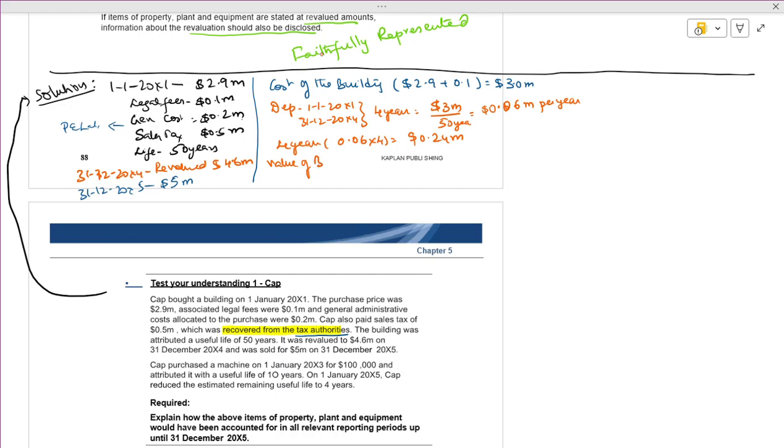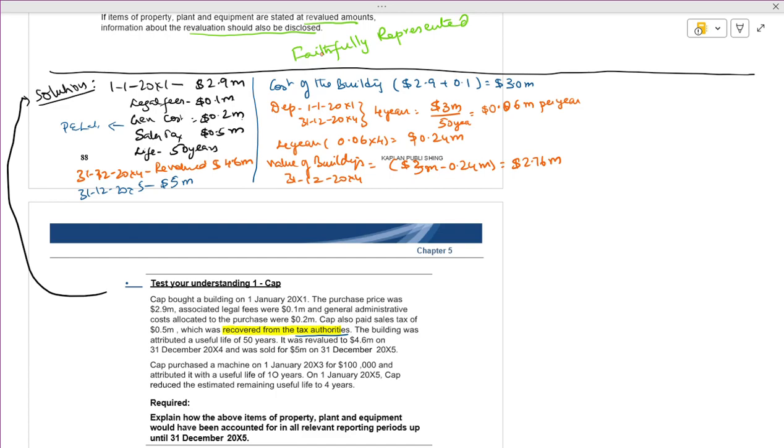Is it right? Value of building will be how much? Value of building as on 31/12/2004: 3 million minus 0.24 million. It comes to how much? It comes to 2.76 million. Is it right? 2.76 million.